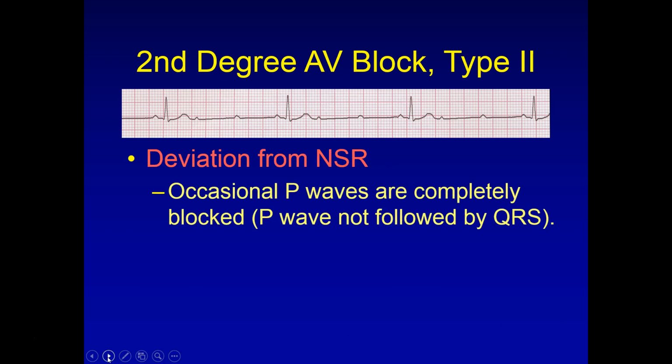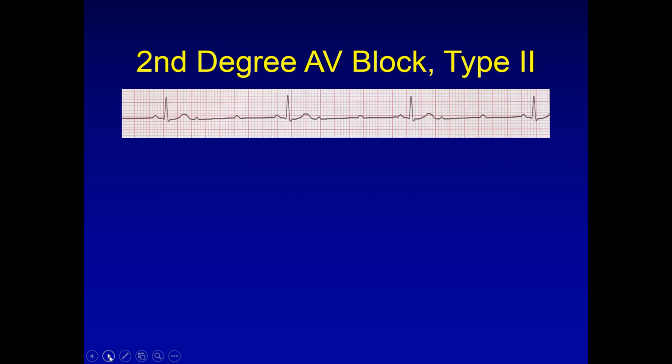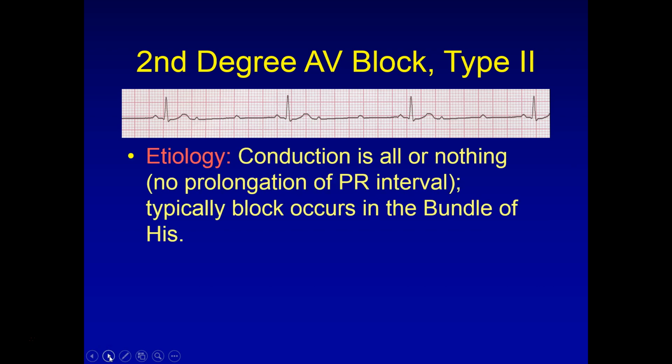And that's just saying, some of the time the conduction's fine and some of the time it doesn't go through. And this typically occurs around the bundle branch of His. So, right before you get down to the Purkinje fibers, that's usually the area where this type of block occurs.